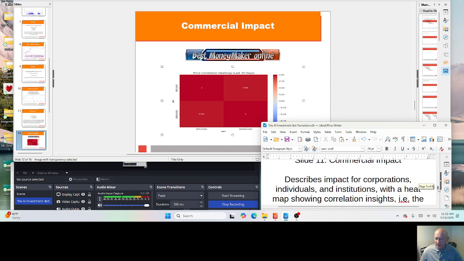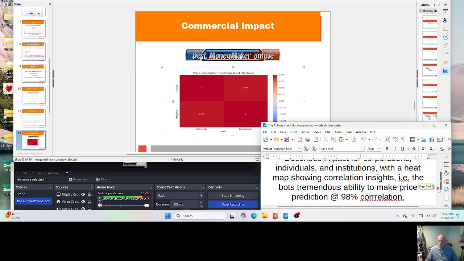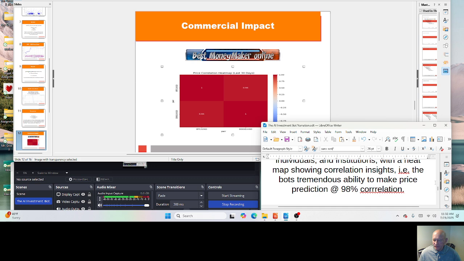It describes impact for corporations as well as individuals and institutions with a heat map. The heat map includes correlation insights with the bot's tremendous ability to make price predictions at 98% plus correlation.